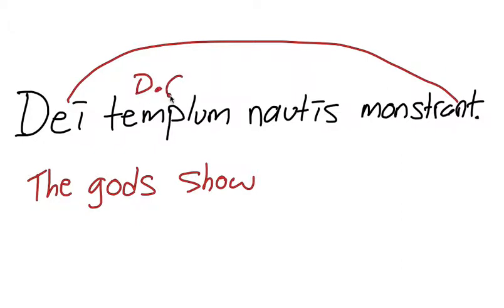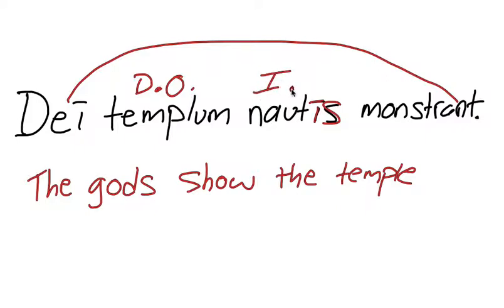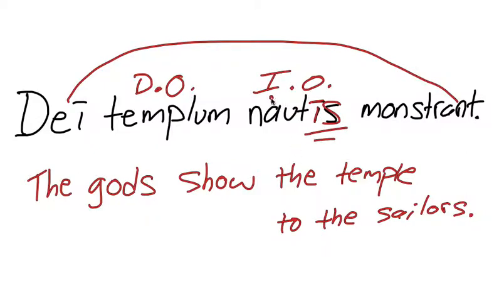They show the direct object, the temple. And to whom do they show it? Nautis, the sailors. So the gods show the temple to the sailors. So nautis is dative case, so it's the indirect object. Templum is accusative, so it's the direct object. Dei is nominative, so it's the subject.